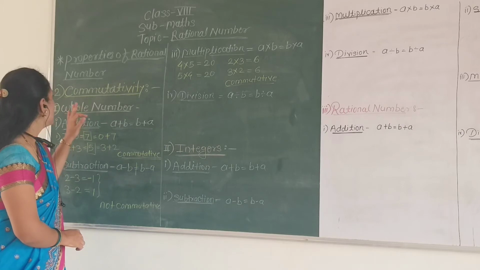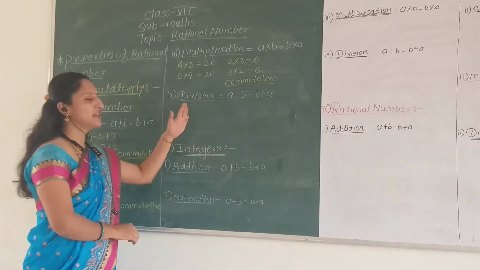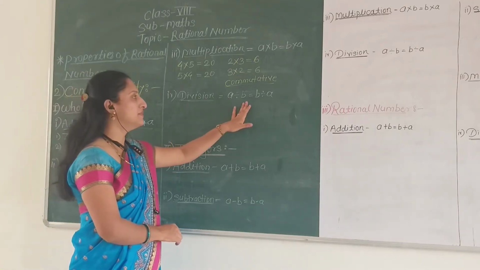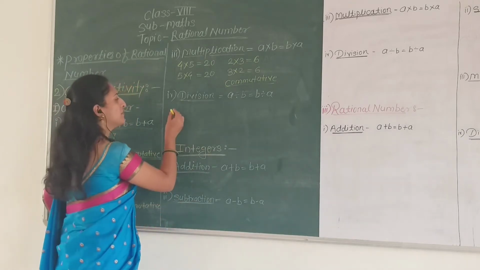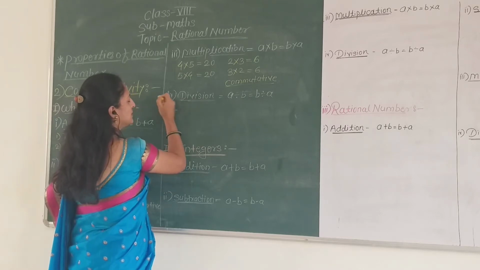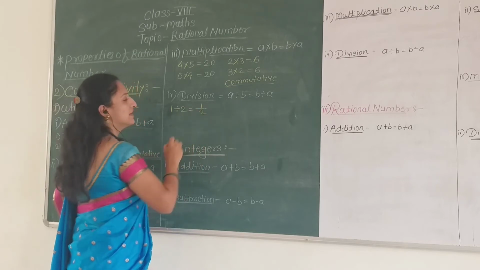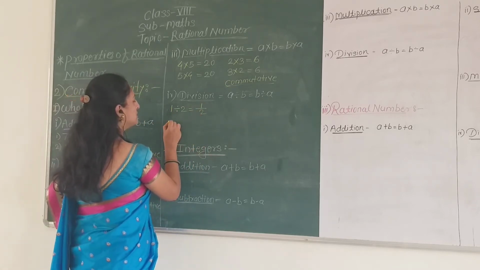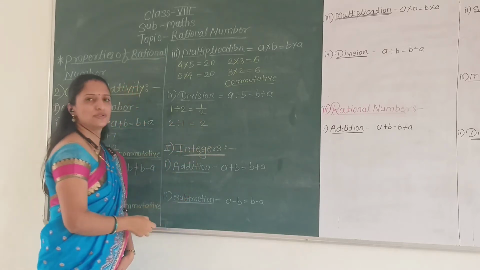Now the last operation is division. Here we check the commutativity property for whole numbers for division. In division we have to check whether a divided by b is equal to b divided by a. Let us check here. Let the value of a be 1 and b be 2. Then a divided by b is 1 upon 2, and 2 divided by 1 is 2.